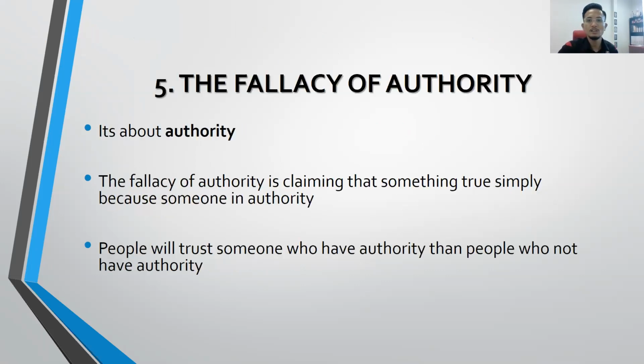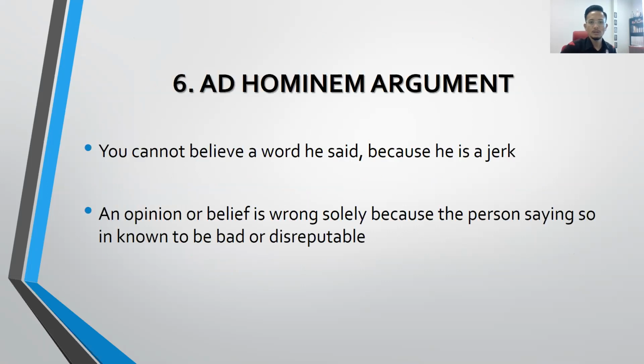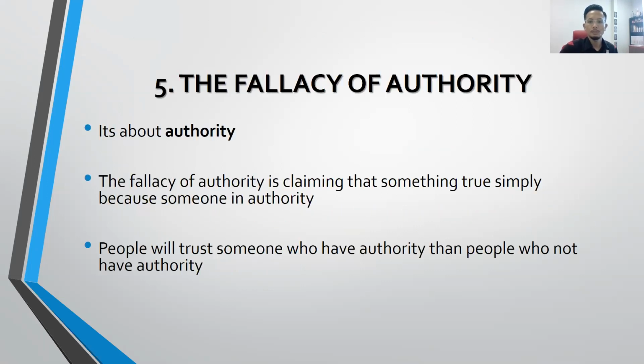Number 5, the fallacy of authority. Simple, which is someone that tends to believe those who have the power. Authority is about power. Someone that has power, so normally you will tend to trust this person. For example, politicians have the power.